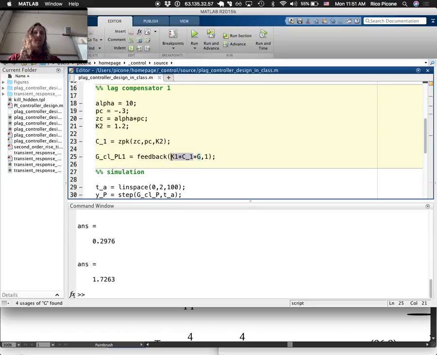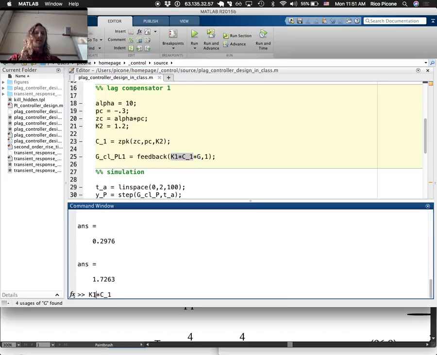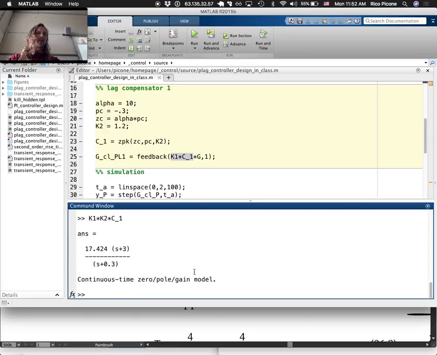So our final compensator is K1 times K2 times C1, the current definition. So that's our controller that we've designed.